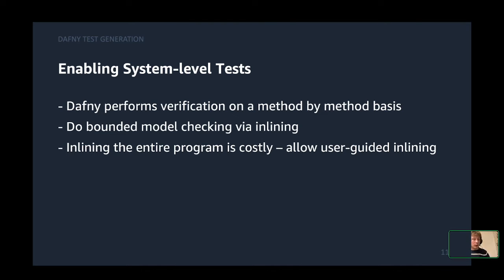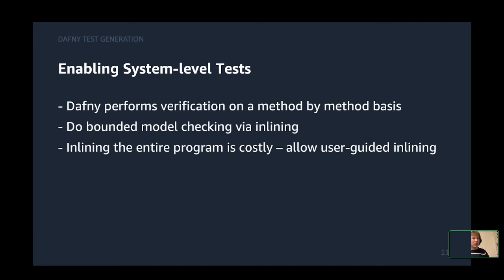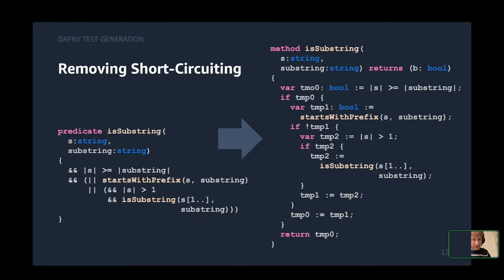So the way we went about it is we essentially use a form of above-normal checking through inlining. So we can inline bodies of methods into other methods. And because in general inlining is costly, we also allow the user to guide this process to specify which methods should be inlined.